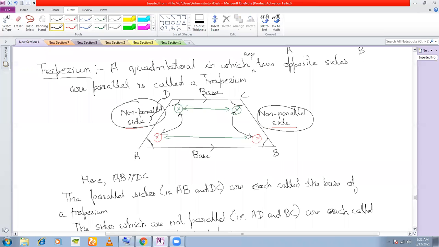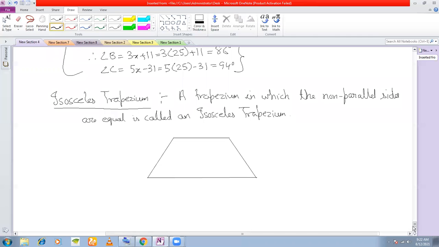These two sides, AD and BC, are non-parallel sides. And AB and CD are parallel sides. If ABCD is a trapezium, and if these two are parallel, then these two must be equal for an isosceles trapezium. So here AD is equal to BC.